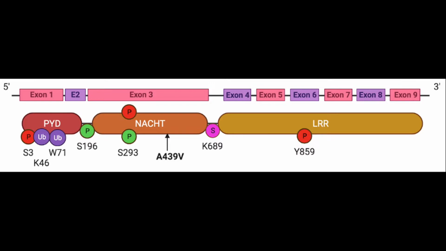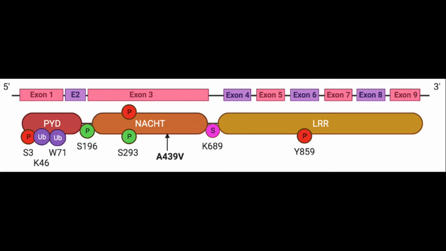I've coloured it red because it is a deactivating modification. It stops the PYRIN domain binding with the PYRIN domain of another protein and prevents formation of an inflammasome. There's a green phosphorylation site on a serine at position 196, which is an activating modification because it influences removal of the UBs, which I will explain shortly.